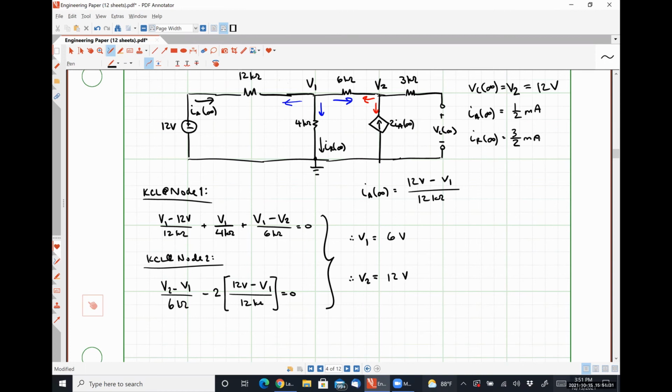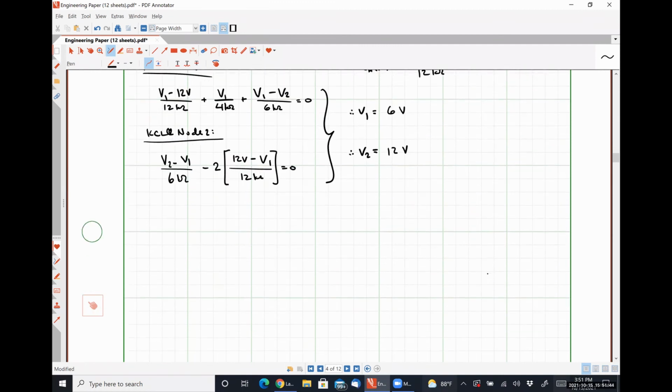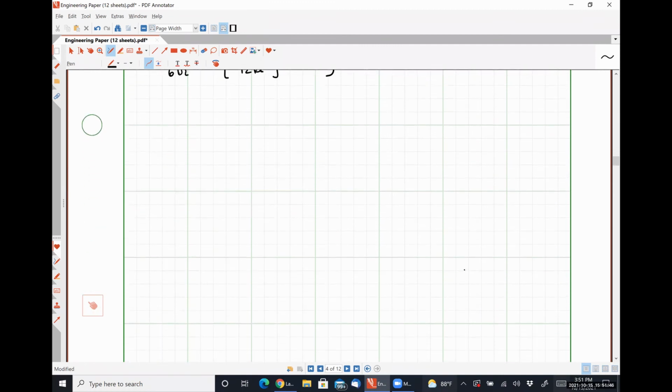Anybody have any questions regarding our analysis here at t is equal to infinity? All right, so the next thing that we need to do is to determine our time constant.